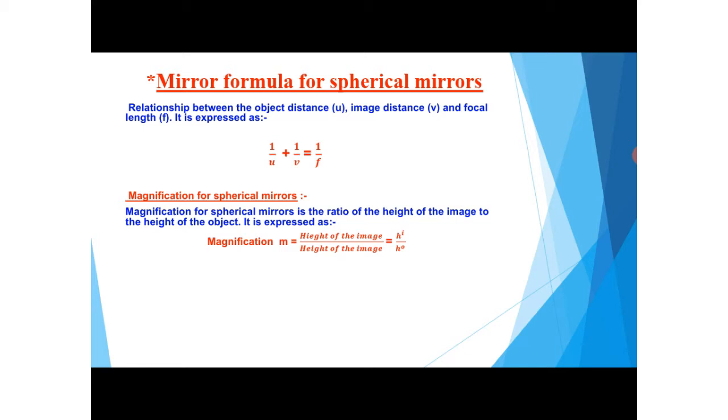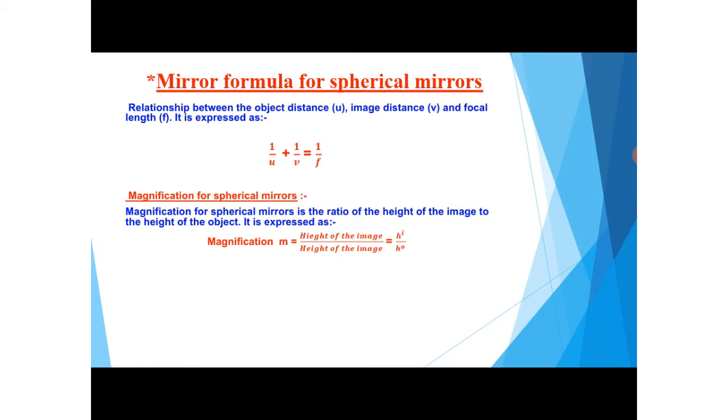So it is expressed as HI, the height of the image, divided by HO, the height of the object. This is the relation between the magnification and the heights of image and object.